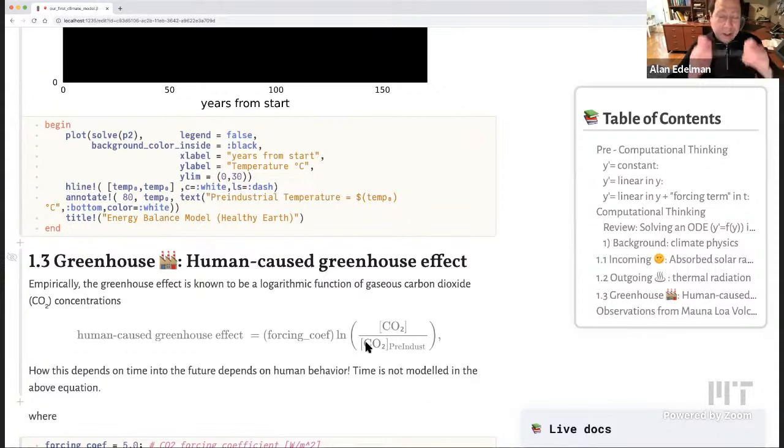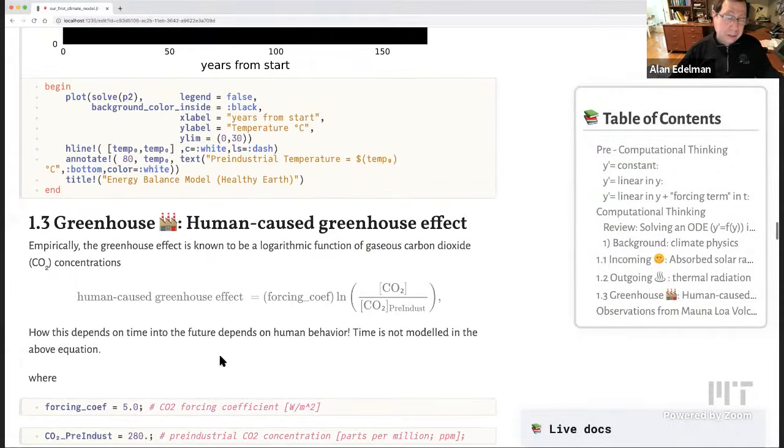But notice there's no time in this equation. It just says that the human-caused greenhouse effect is going to be some forcing coefficient times the log of the carbon dioxide now divided by the carbon dioxide at the pre-industrial time.